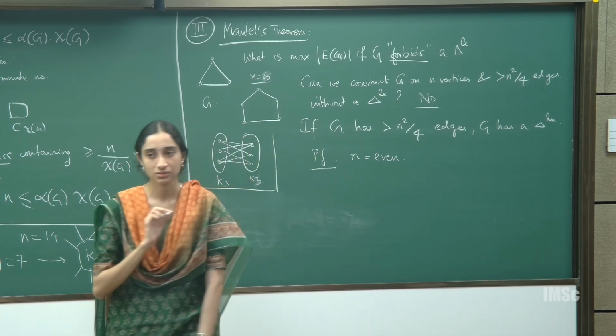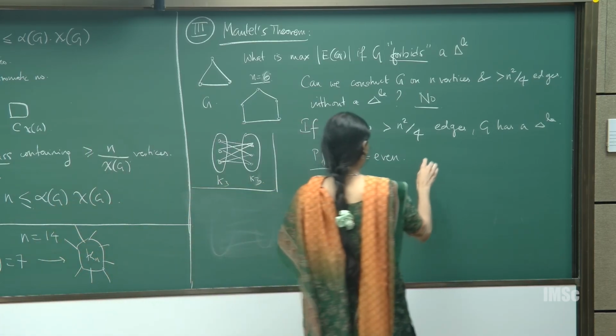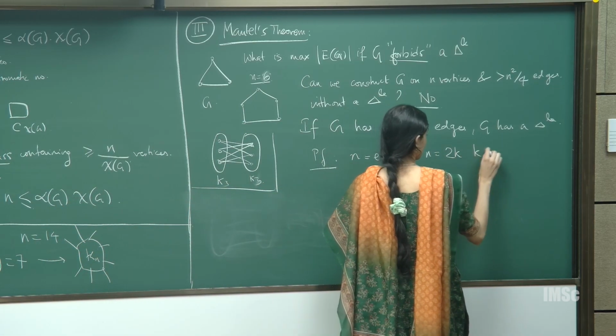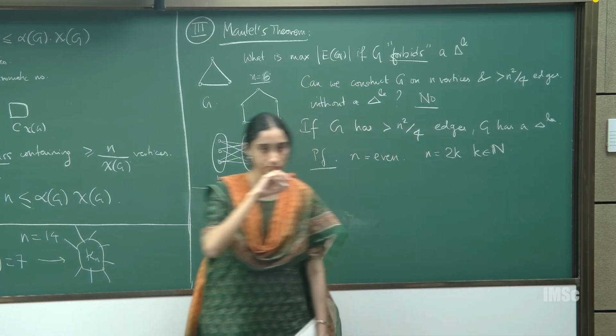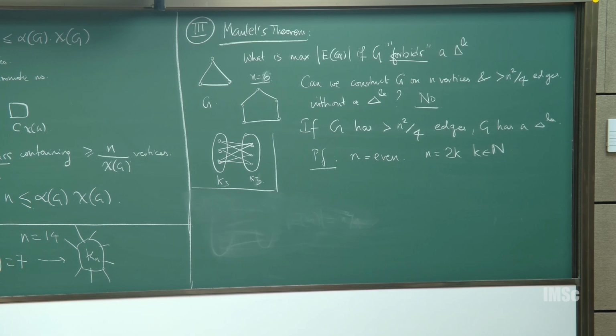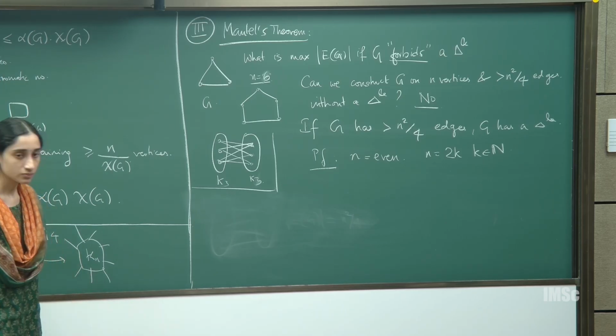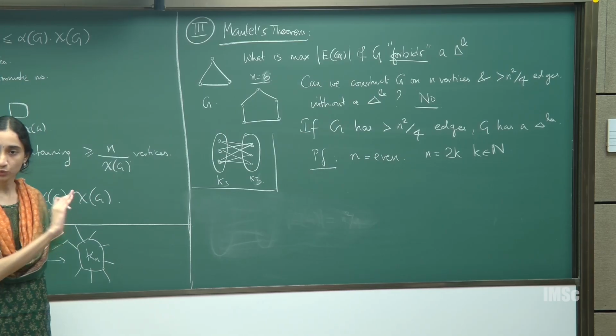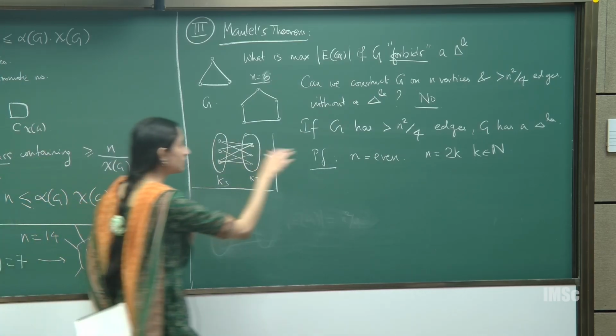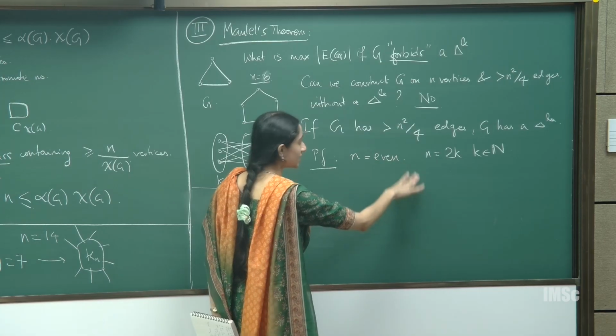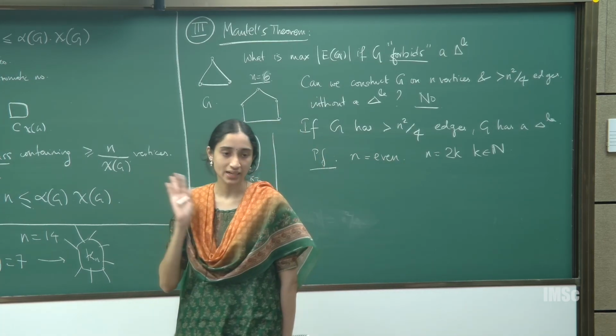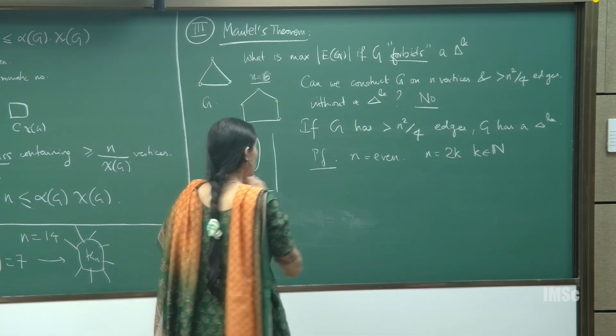So it's easier to explain, which means that n is some 2k, so the number of vertices is even. So is it clear what we are trying to prove? Right. So I am going to start with a graph. I am going to start with the assumption that the number of vertices is even and it has a lot of edges. I have to show that there exists a triangle in it. Right. Okay, so n is 2k.